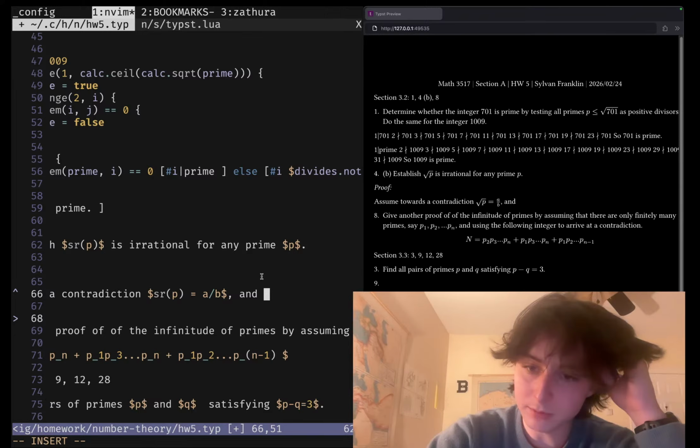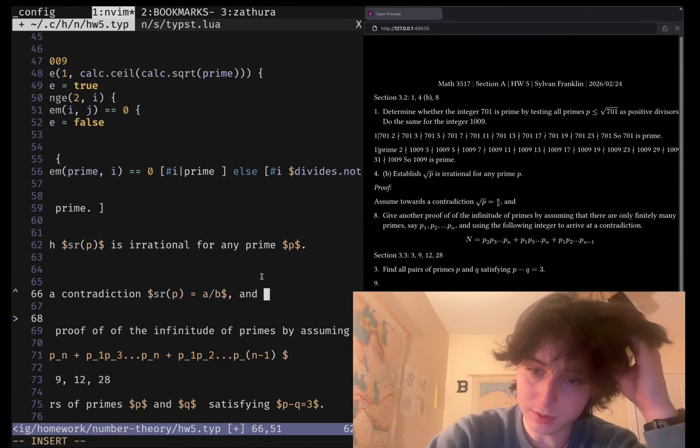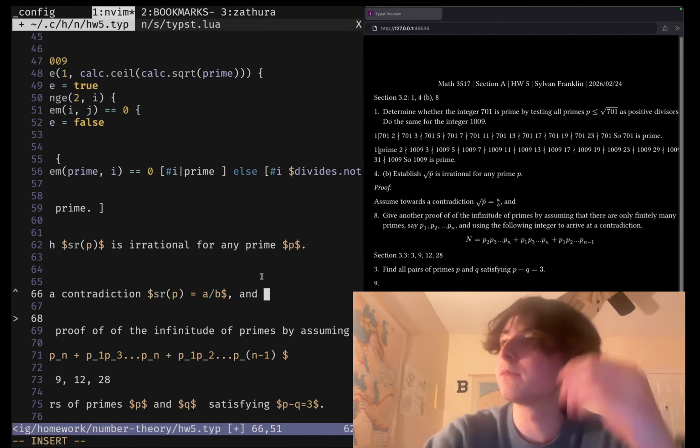Primes have the property that if p divides ab, then p divides a or p divides b. Or you can show that square root p equals a over b, so a squared equals b squared p, a contradiction because the RHS prime factorization has only even powers.